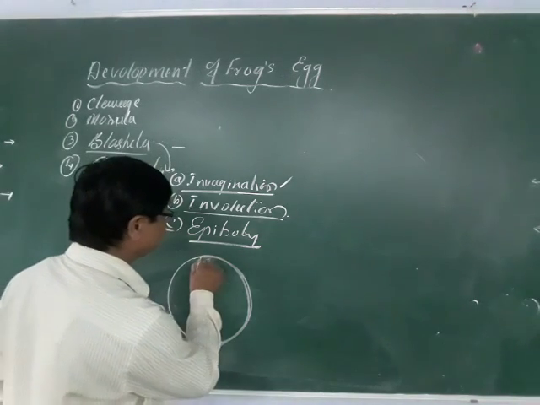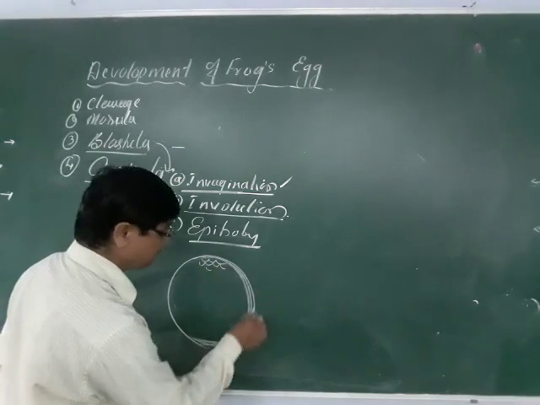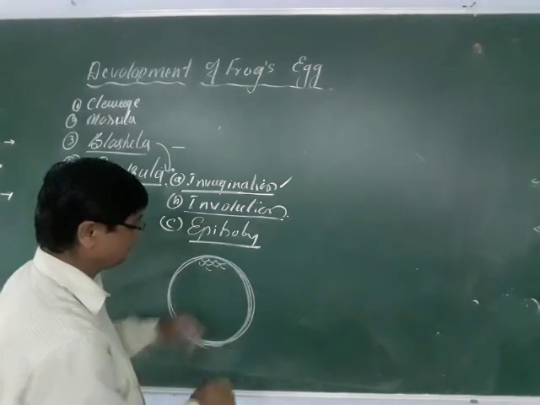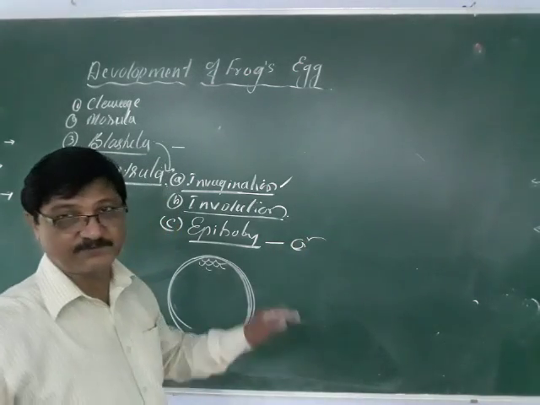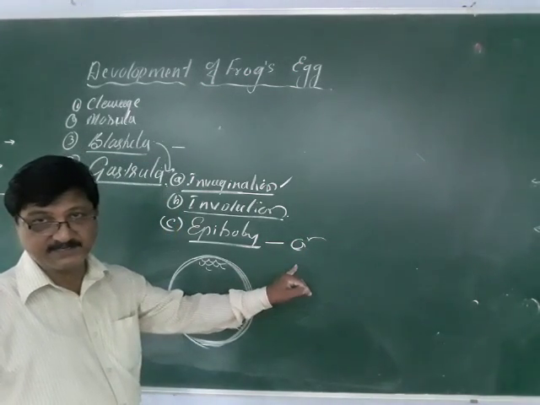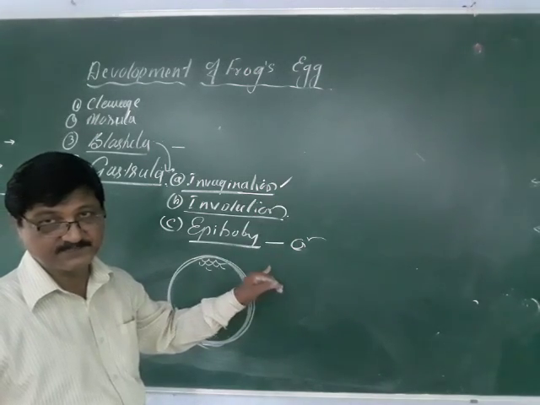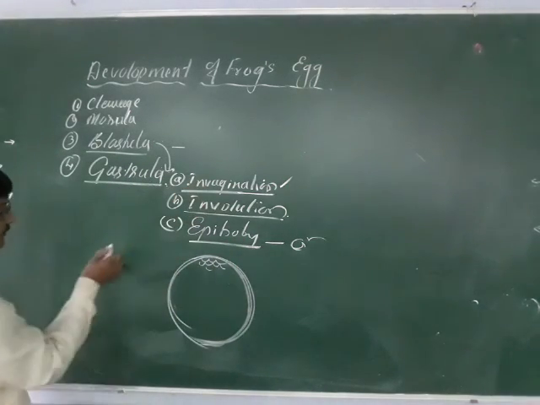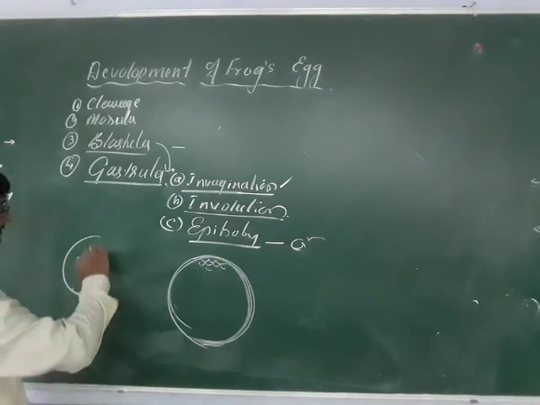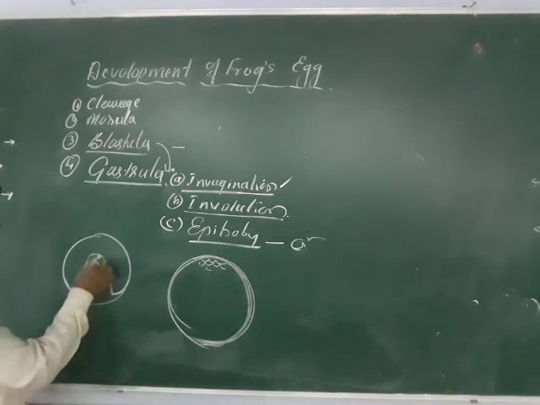in most of the micromeres developing like this, a large number, and it always maintains the spherical or circular shape of the embryo as well as the uniform size. In the beginning I showed that invagination takes place this way, but actually it goes on like this.